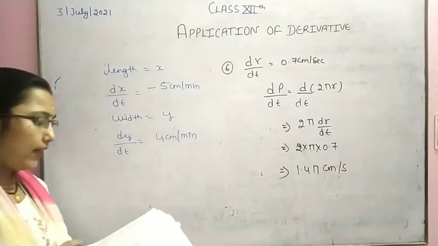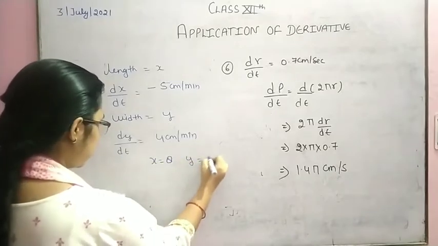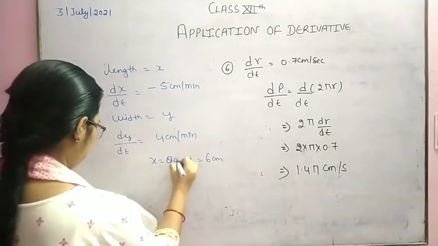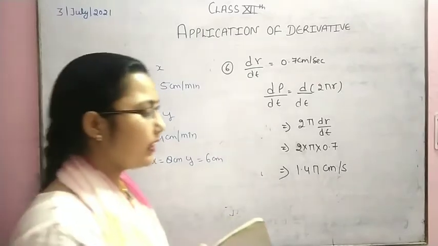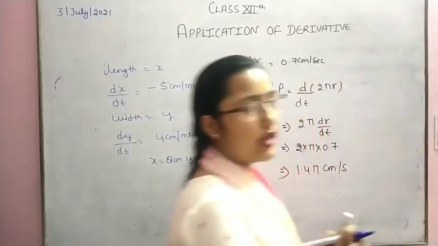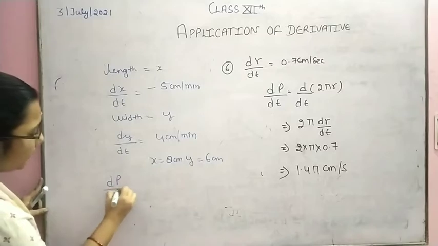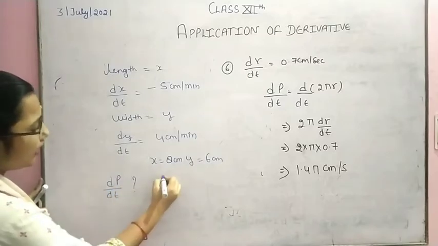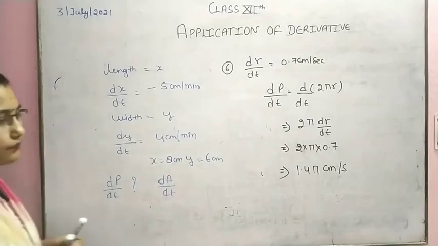Now, when x is 8 centimeter and y is 6 centimeter, find the rate of change of perimeter and area of the rectangle. So we have to find dP/dt and dA/dt of the rectangle.